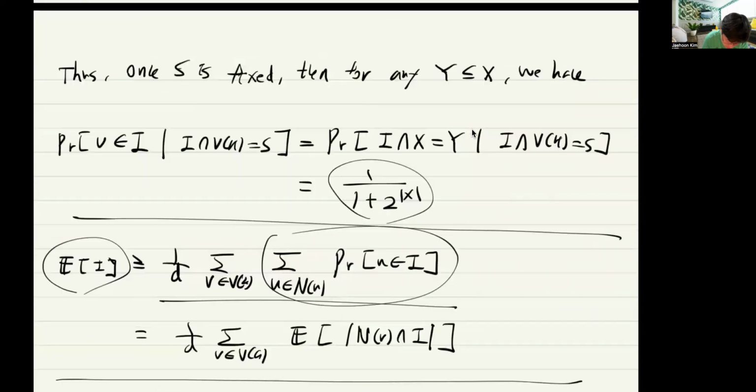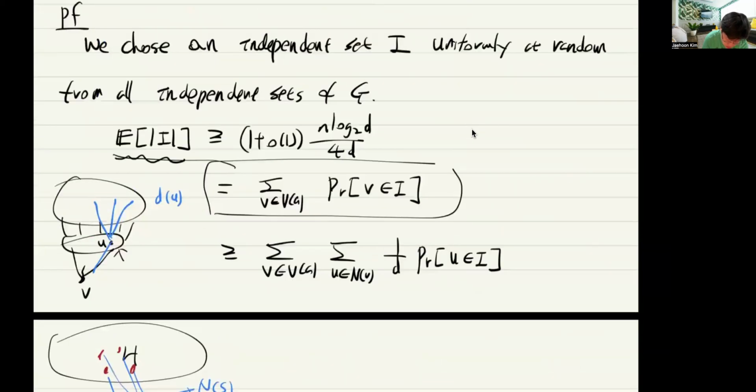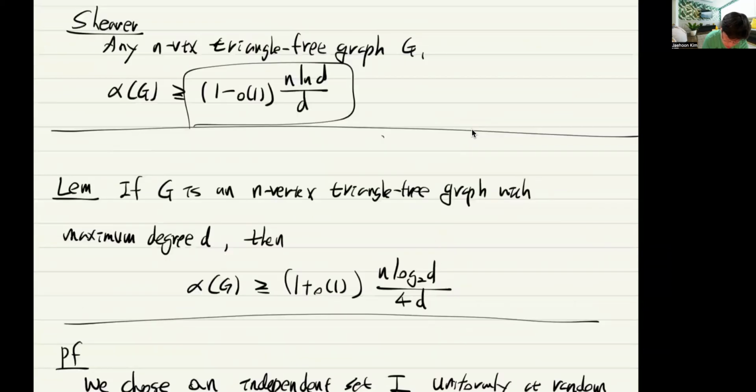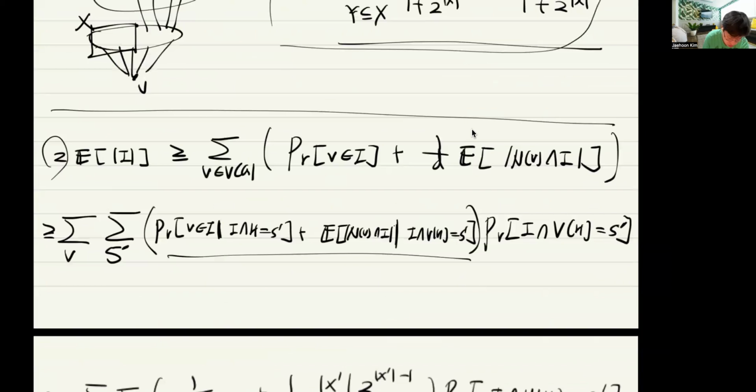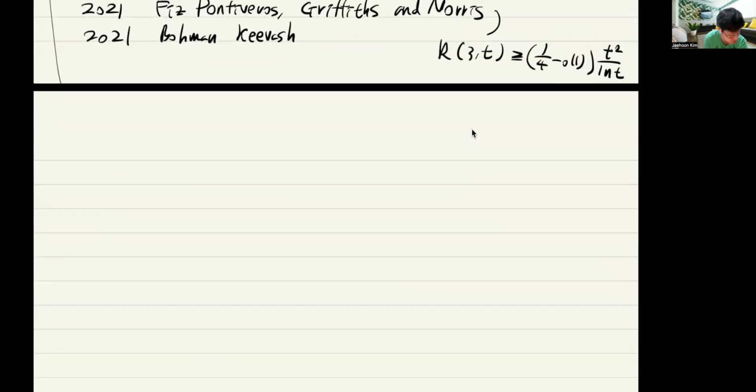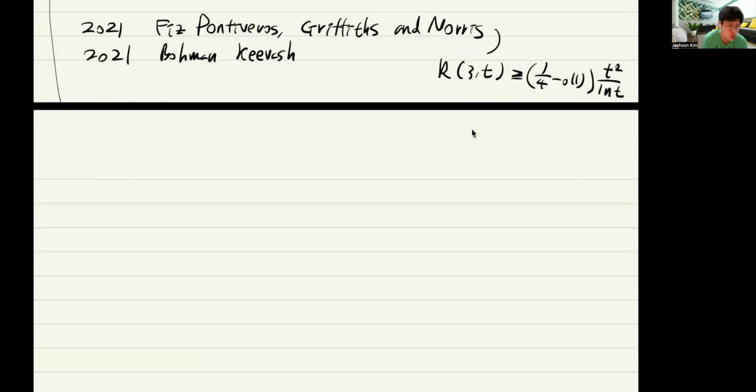So we show that if you have a triangle free graph, then you have a large independent set. And okay, then it's natural to ask why this triangle freeness is so special. Can we prove a similar thing for other conditions?